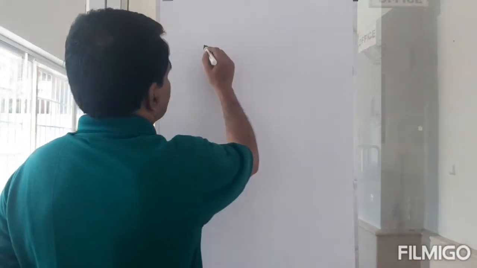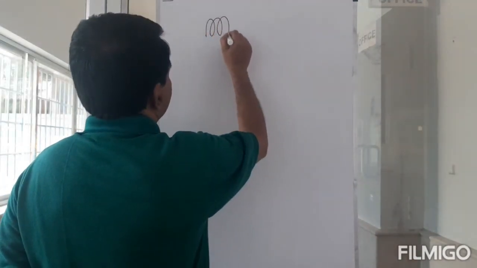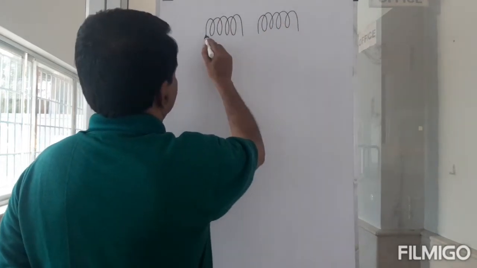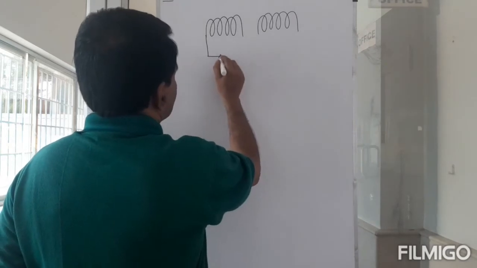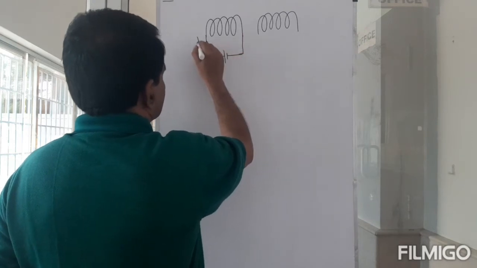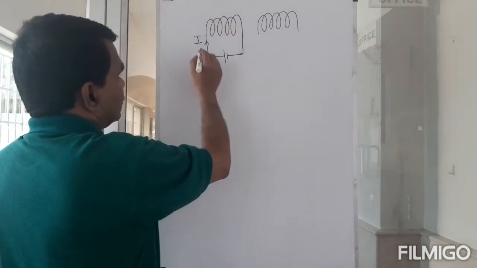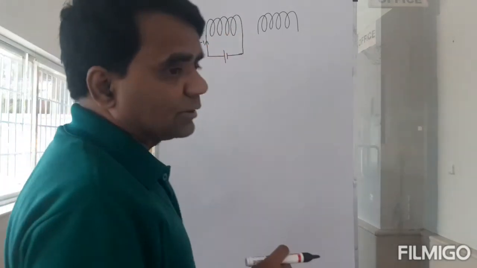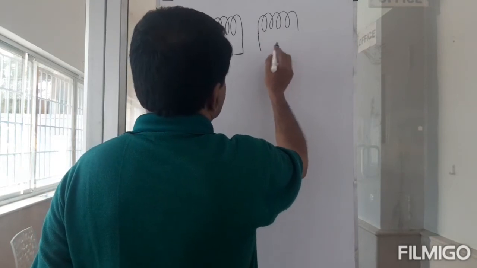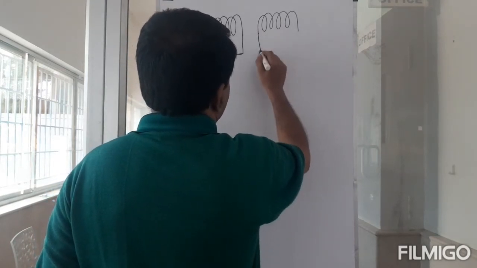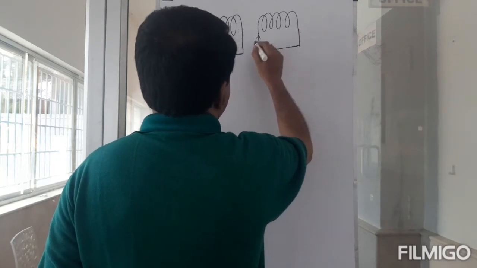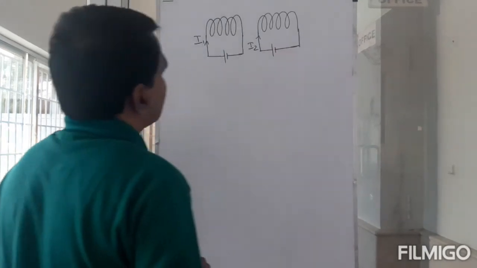So I'm going to take two coils. This is coil 1 and this is coil 2. This has current I1 flowing through it, and this has current I2 flowing through it.